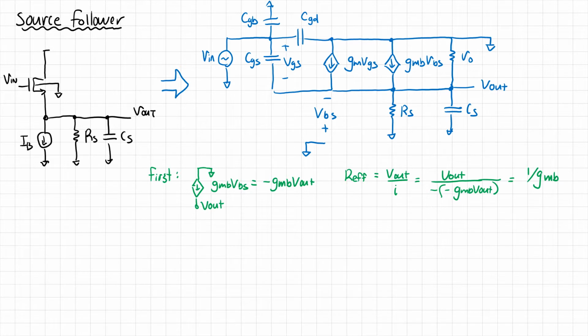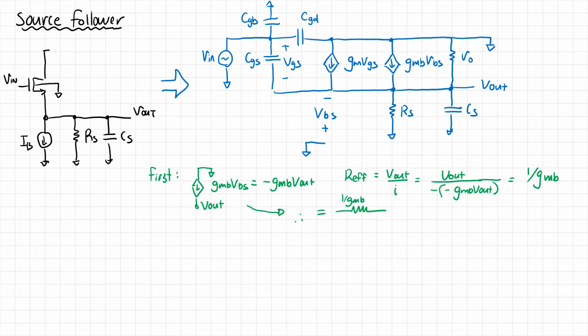So what this means is that this dependent generator, specifically because it only has one variable that's controlling its current, and that variable happens to also be the terminal voltage of the current source, basically just looks like a resistor. So what we can do is replace it with a resistor of 1 over GMB.